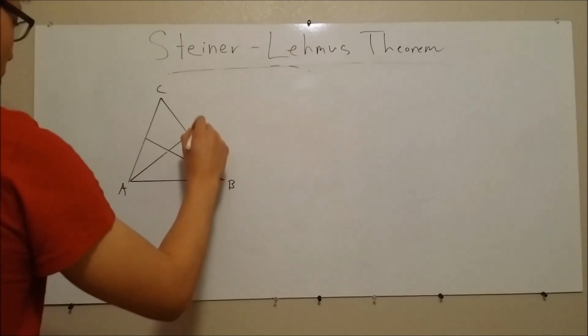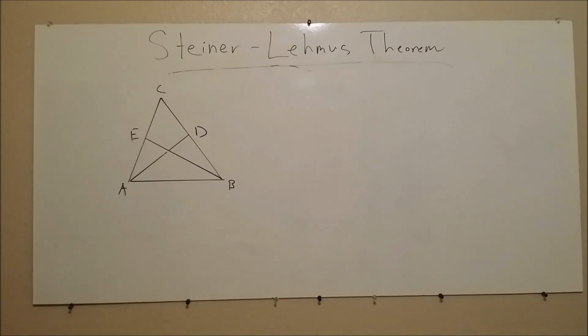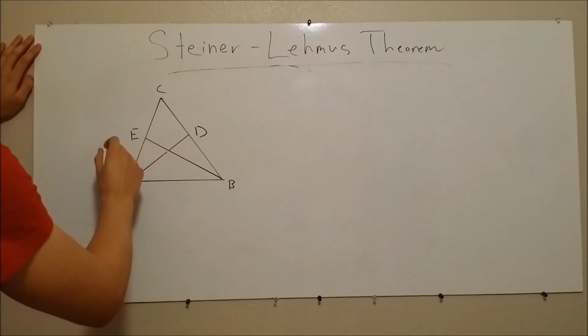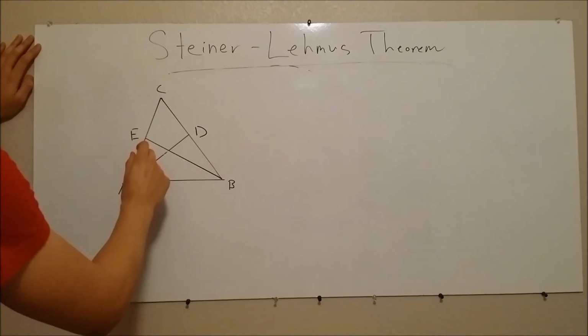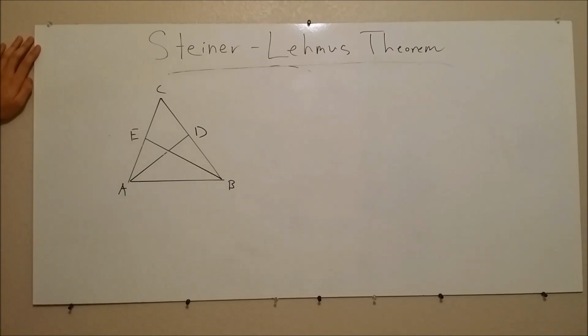And label these intersection points D and E, like so. Right? And now we're going to need a helping line, so to speak. And this helping line will be right here. We want to create a point F here, right?